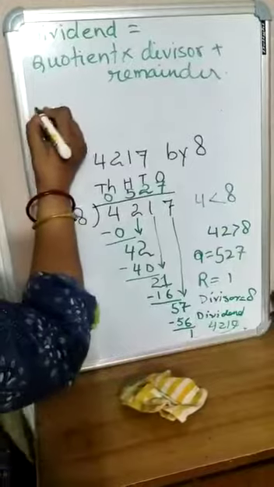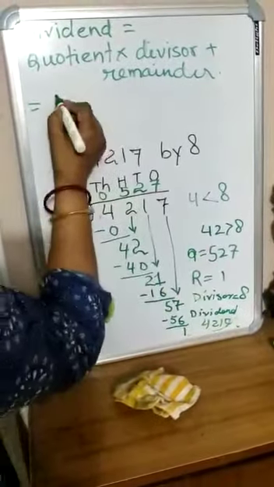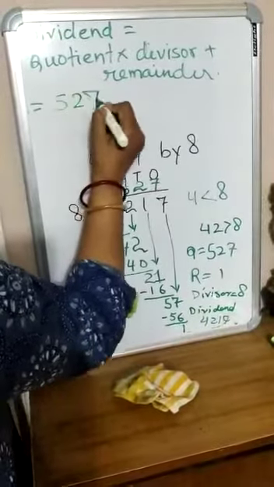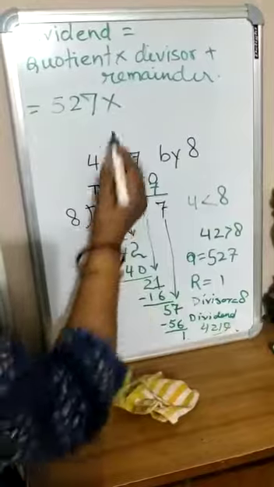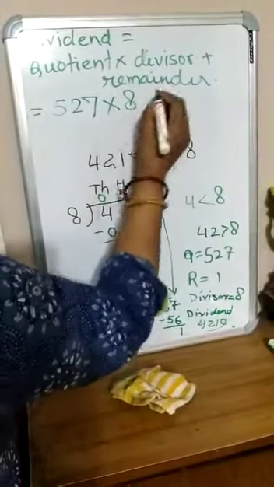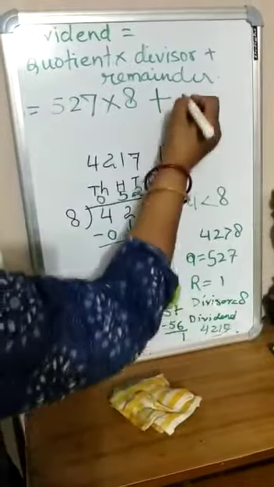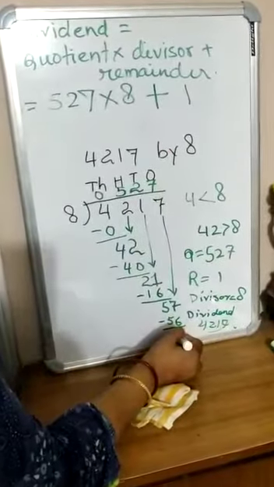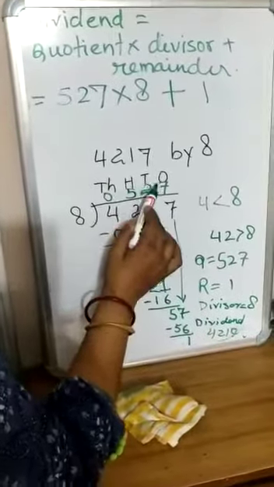Now here what is the quotient, children? Quotient is 527, multiplied by divisor. What is the divisor? Divisor is 8. 527 will be multiplied by 8 added with the remainder. Remainder is 1. This is the divisor and this is the quotient 527.